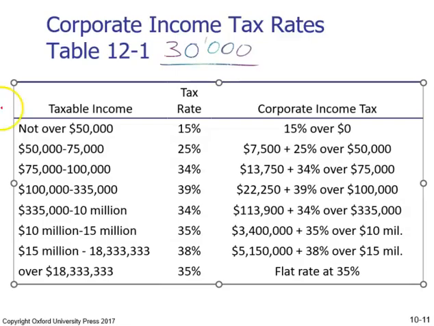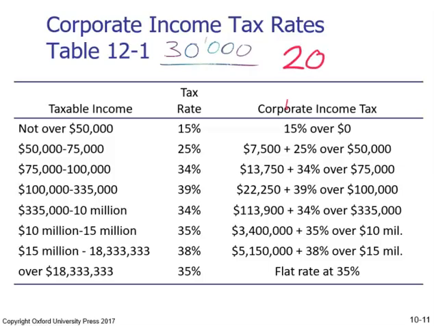As the last example for this video, because we are going to work on this table, there is something more we need to understand about it. But go and calculate the tax for $20 million. And when you check it, $20 million falls into this bracket.